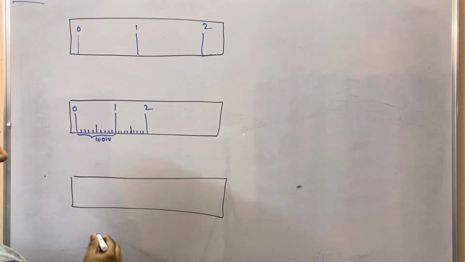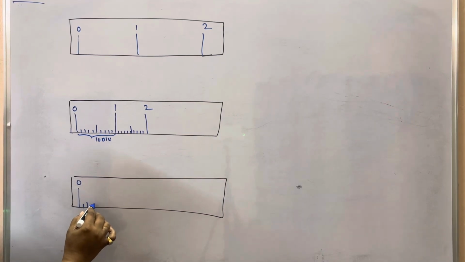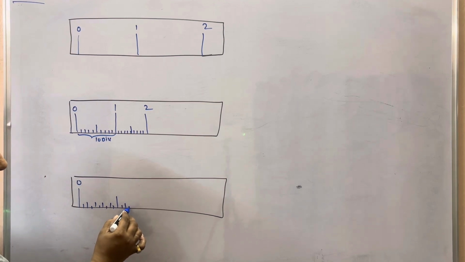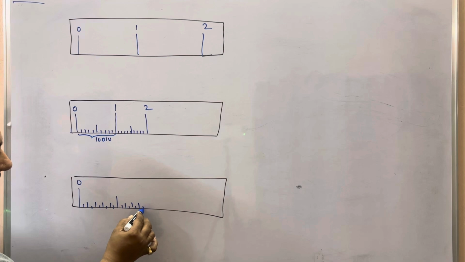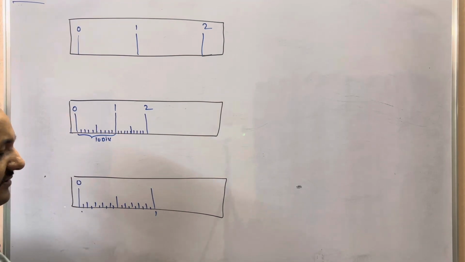Here between 0 and 1, 1, 2, 3, 4, 5, 6, 7, 8, 9, 10. Now between 0 and 1, 20 divisions are there.